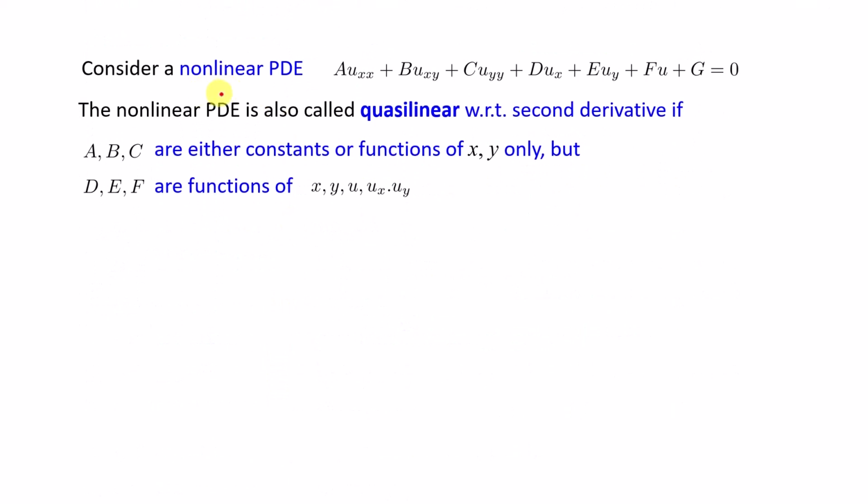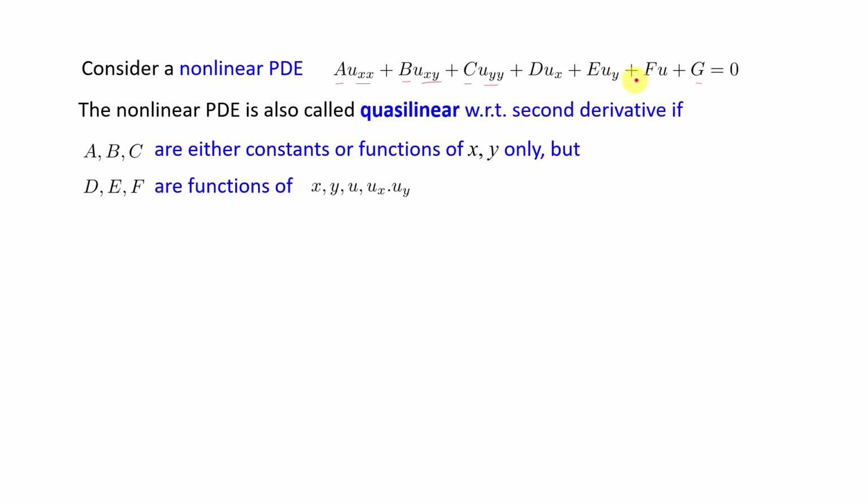Now let us take up a nonlinear partial differential equation. Here this is a uxx plus b uxy plus c uyy etc., up to g equals 0.